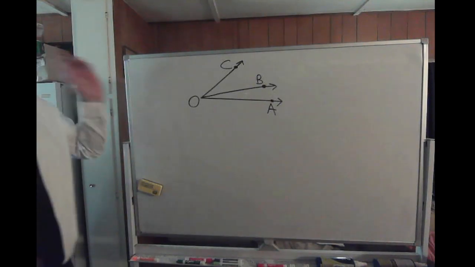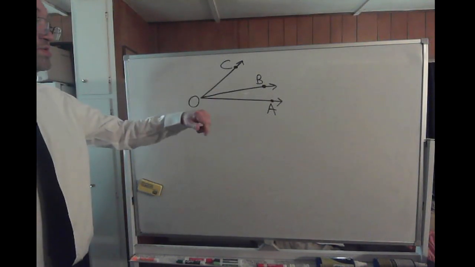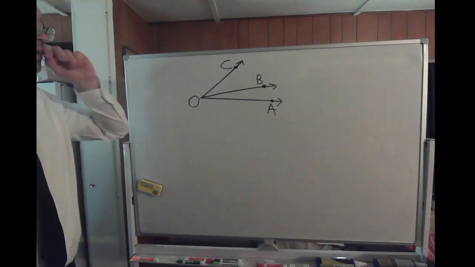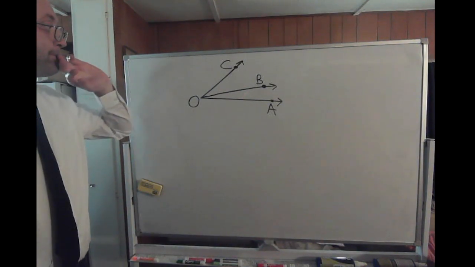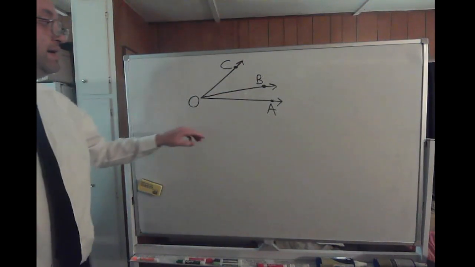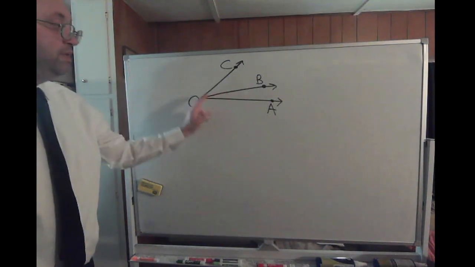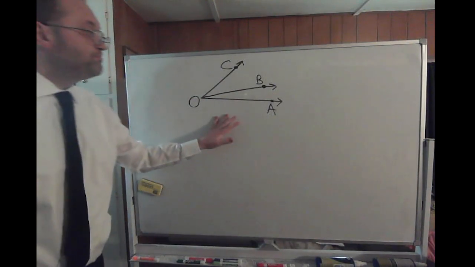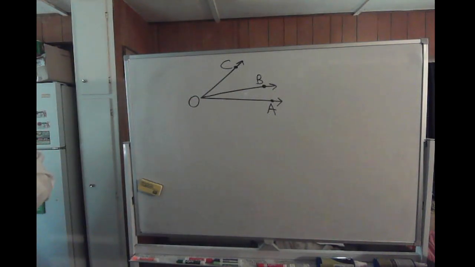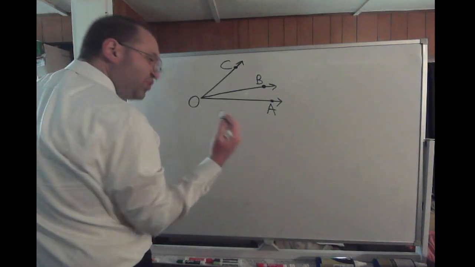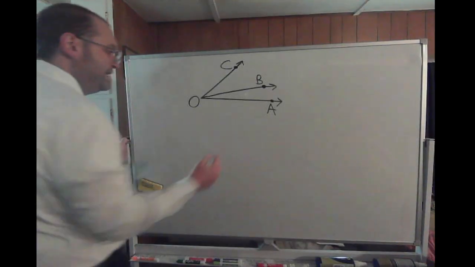So we could argue there's three angles. You have two subangles and then you have one whole angle. So you have rays OC, OB, OA. They all form angles BOA, COB, and COA, right?